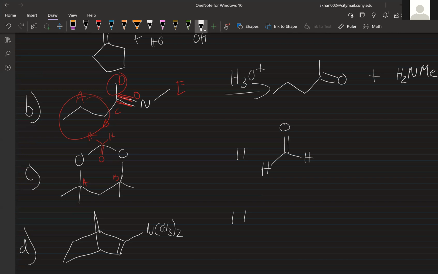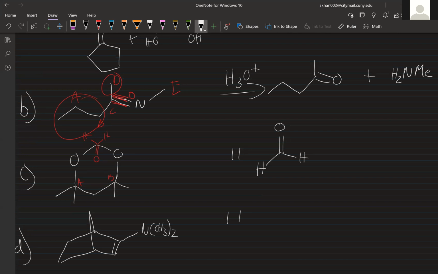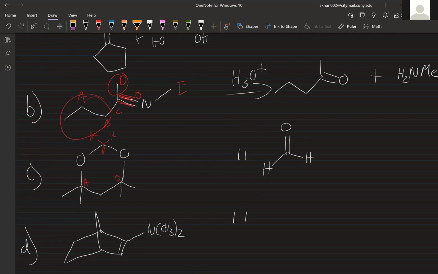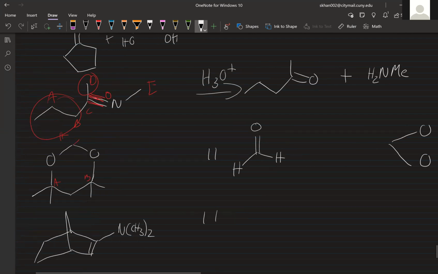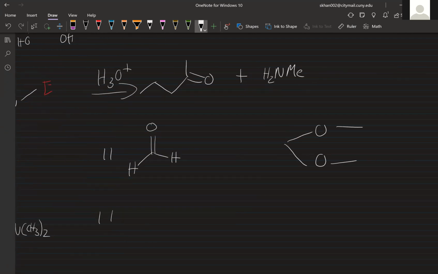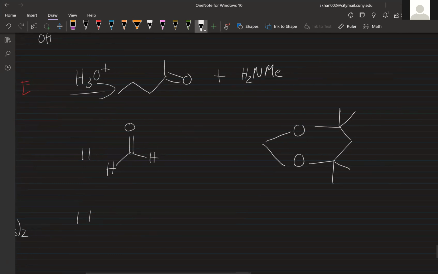There's no methyl or ethyl groups there. It wouldn't be a ketone. Let me draw this out a different way for everyone else who might be just as confused. If we drew it like this, what's the rest of the structure? That's the structure.